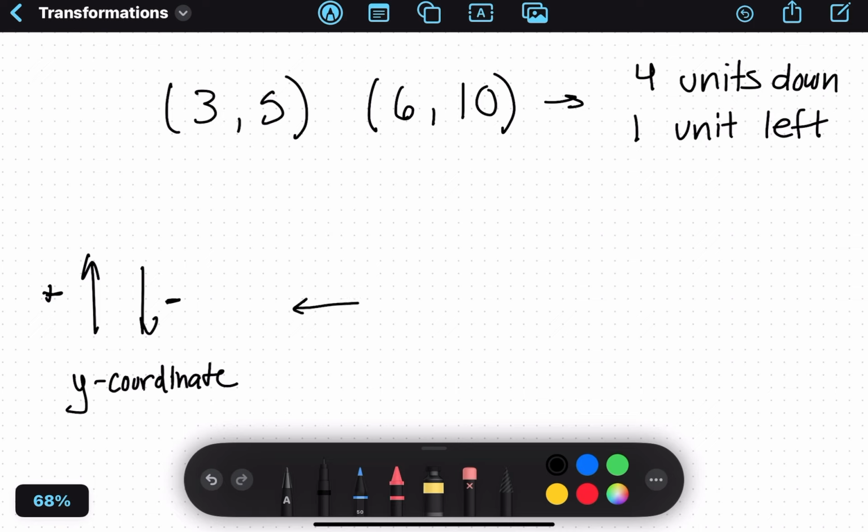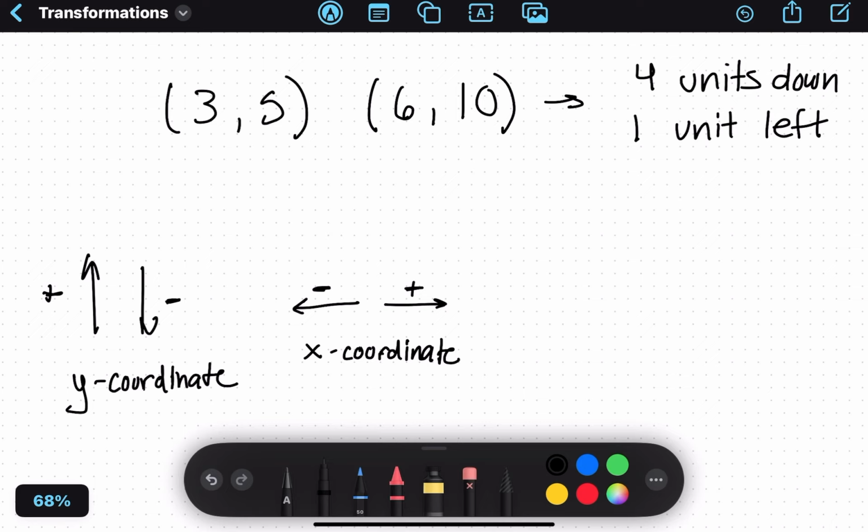Now, if it's left and right, this is the x-coordinate, right? Because the x-axis is horizontal. When we're going left, on the number line on the x, right, left is negative x. So when we go to the left, we subtract, but when we go to the right, we add. So we need to keep this in mind now for this example right here.